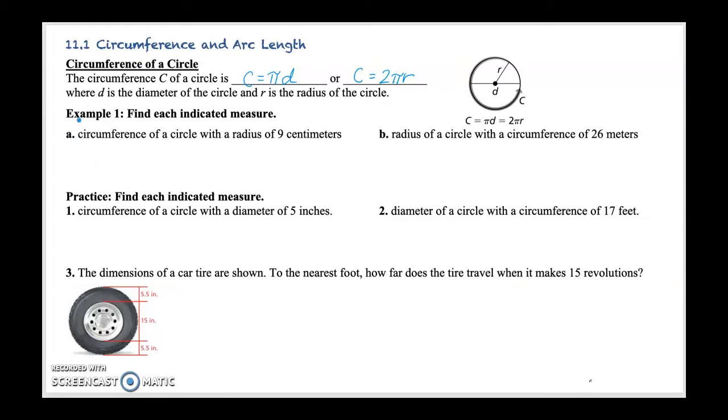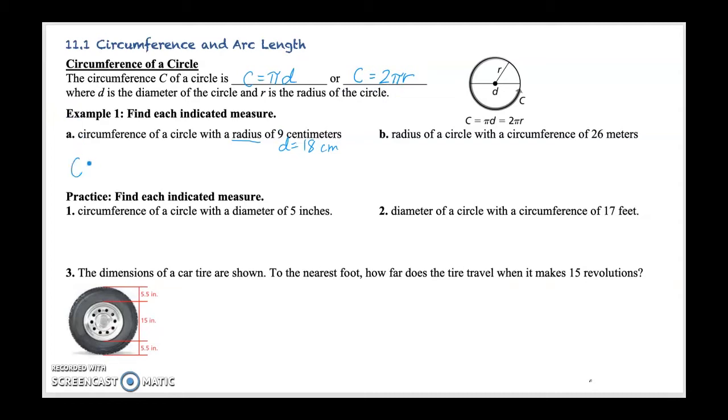So let's check out this example with A and B here. Part A, we're looking for the circumference of a circle with a radius of 9 centimeters. You can go a couple ways with this. You can just multiply that radius by 2, and you get the diameter is 18 centimeters, and then multiply that by pi, or you can plug it into the circumference formula.